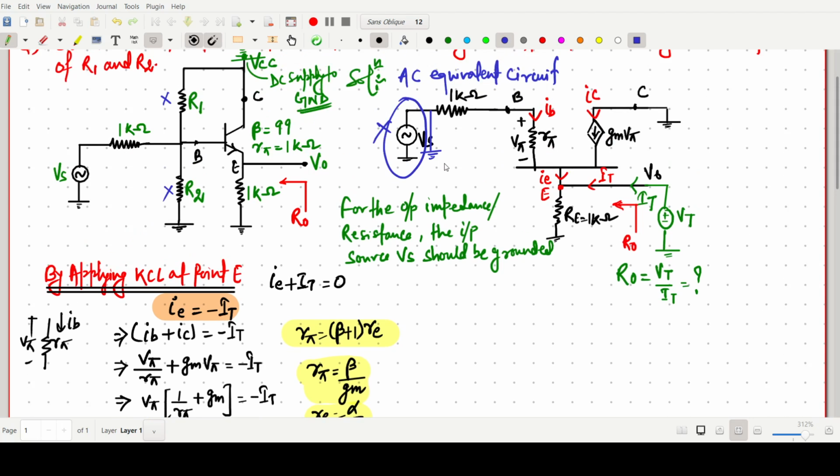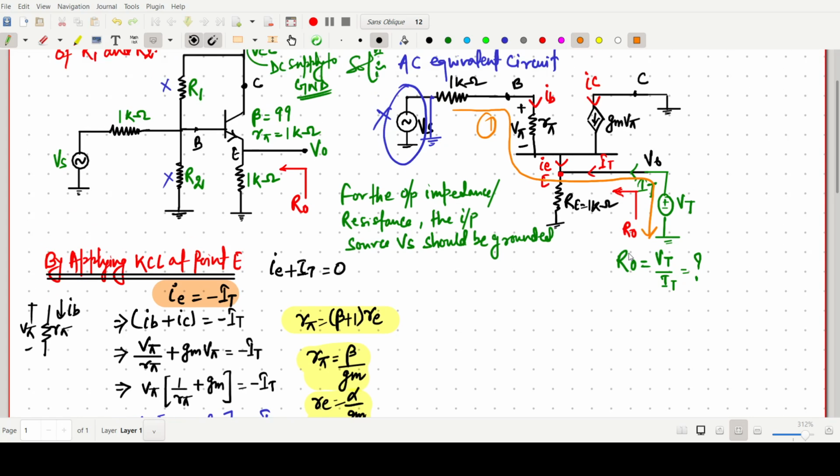Now for the output impedance, I already told we have to make the input source grounded. So now we have to apply KVL in this loop, say loop 1. If we apply KVL in loop 1, it will give some relationship.